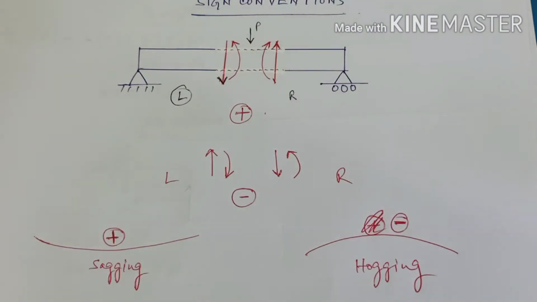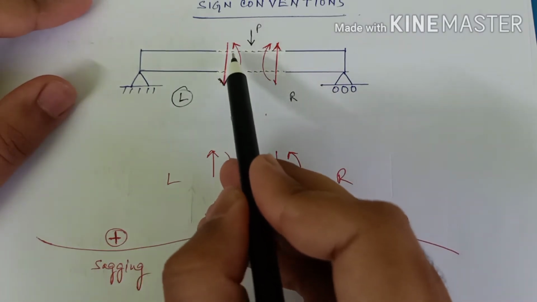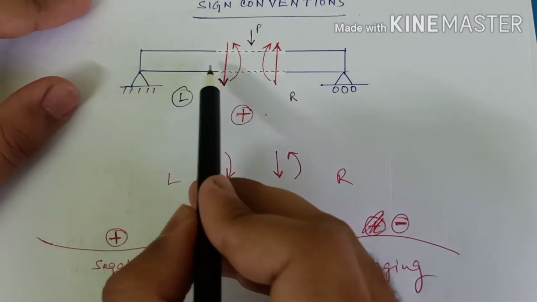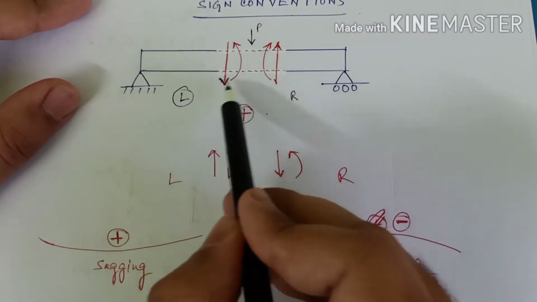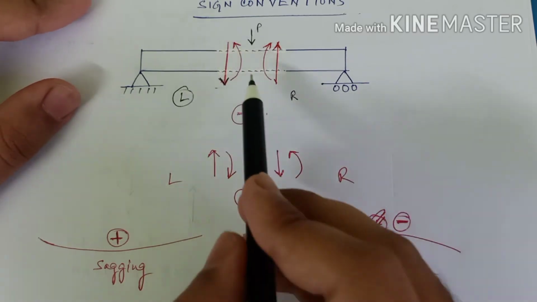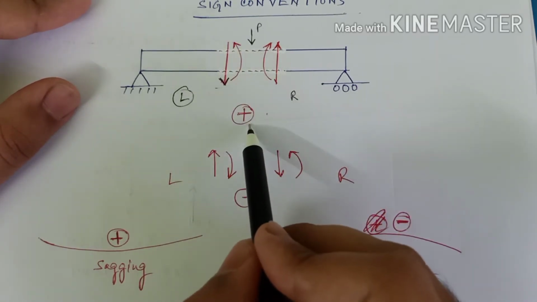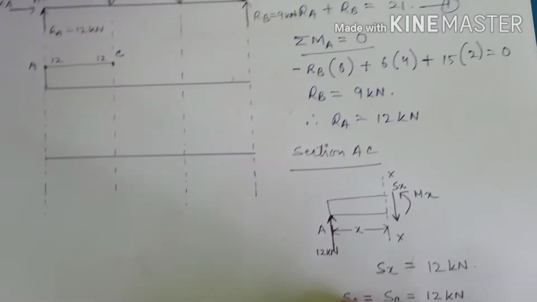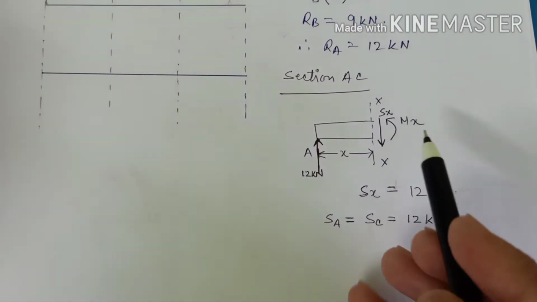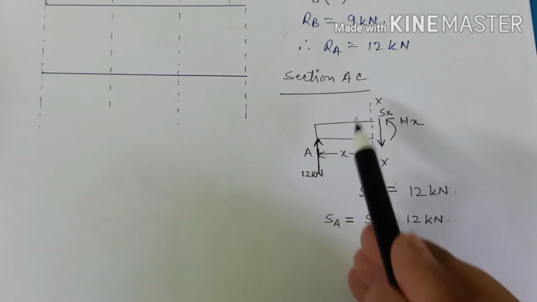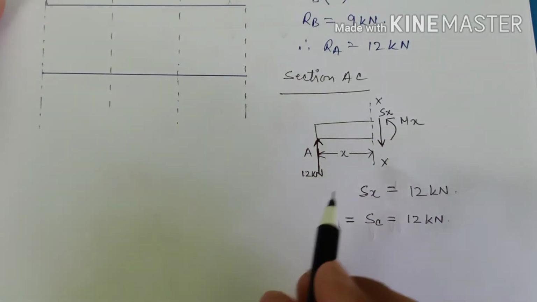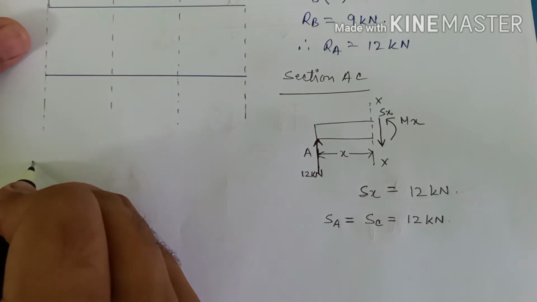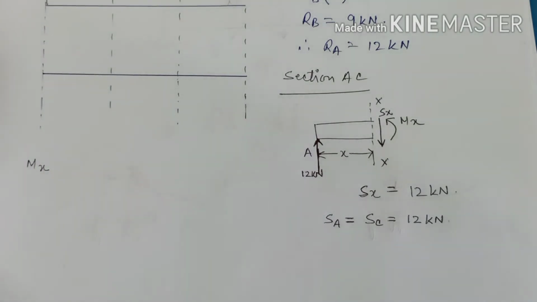I have discussed in my previous video that if you are cutting a beam from the left and you have a moment in an anti-clockwise direction, then the bending moment sign convention is positive, right? In this case also the bending moment is anti-clockwise, so you have a positive sign convention, that is Mx is positive.